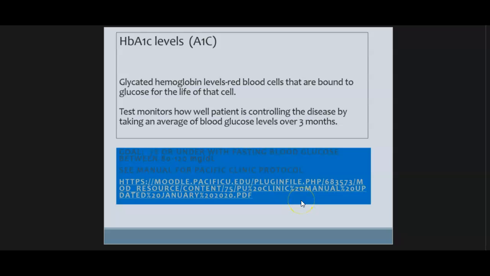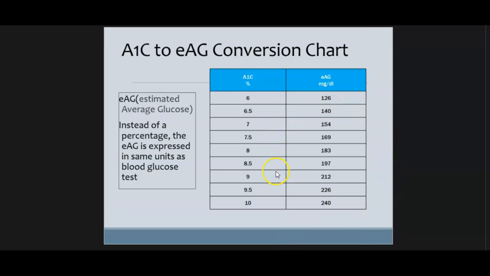Anyways, if you look in our clinic manual, it's really important to memorize our protocol with diabetic patients. Here's a chart for the A1C. This is the estimated average glucose in milligrams per deciliter.